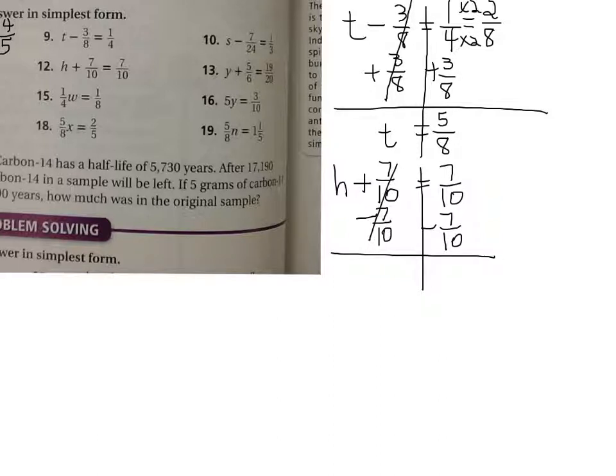The 7/10 minus the 7/10 brings it to 0. It will not affect your value of h. So h equals 7/10 minus 7/10, which is 0. So what does h equal in this case? 0. And if you checked it, if you put in 0 for h here, is 0 plus 7/10 equal to 7/10?